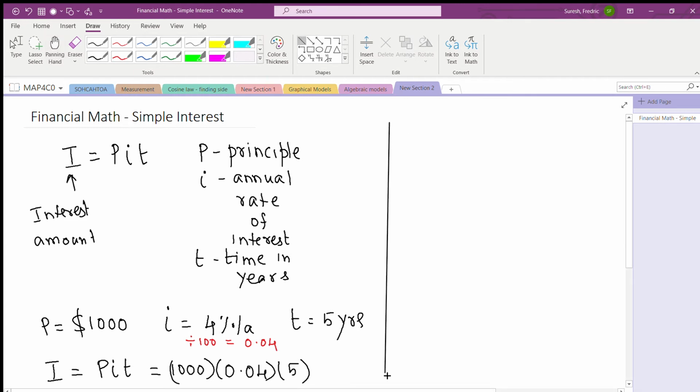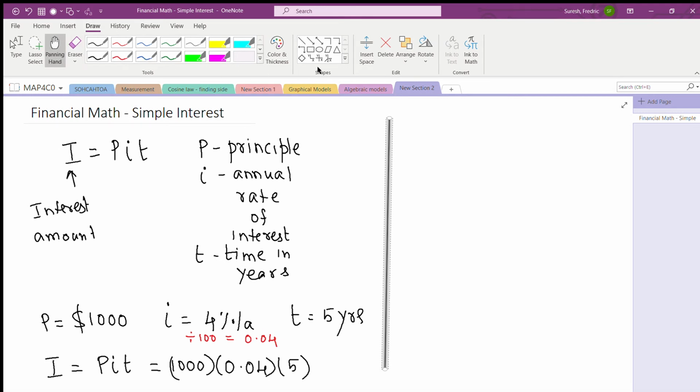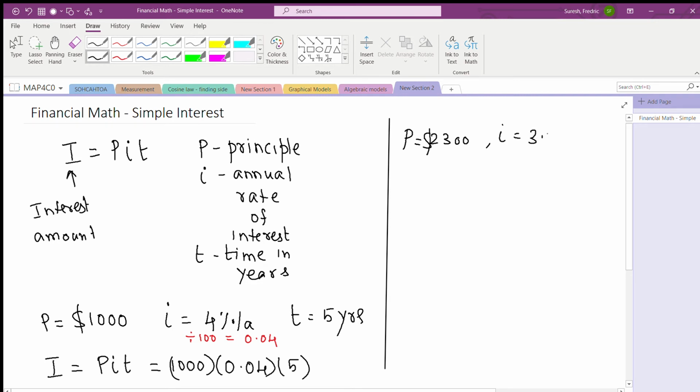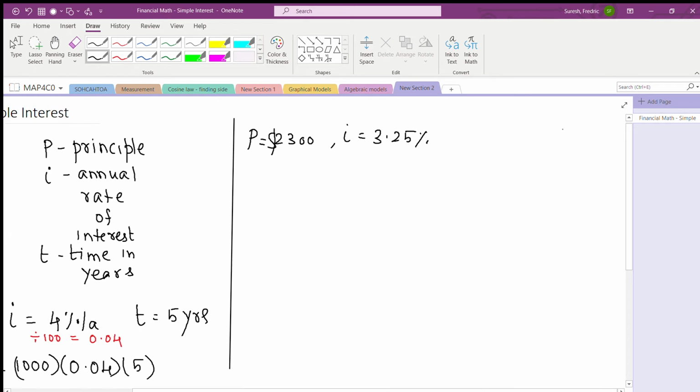As an example, let's say you borrowed a principal amount of $2,300 at an interest rate of, say, 3.25%. And the interest that you owed at the end of it is $325.